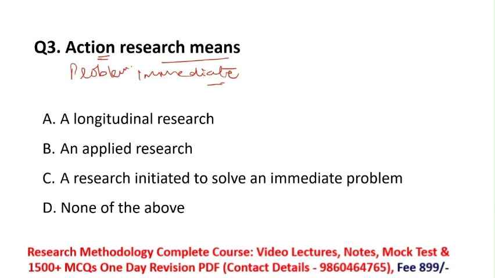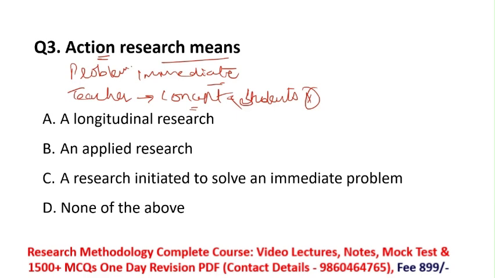Let's say for example a teacher. In a classroom the teacher is teaching some concept and the students are not understanding this concept. So in this case what will the teacher do? The teacher will change his or her teaching method and re-explain that concept so that students can easily understand it.